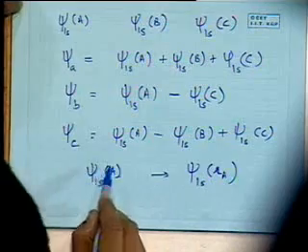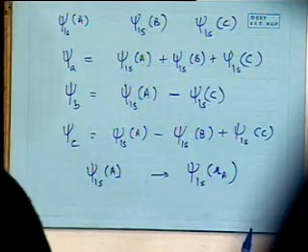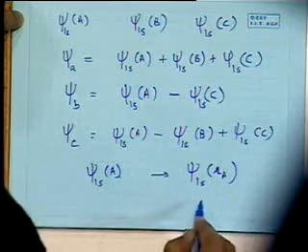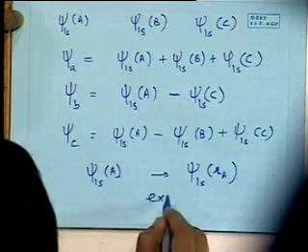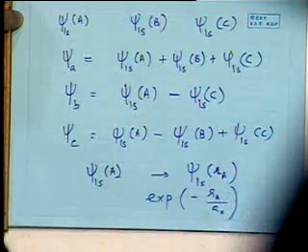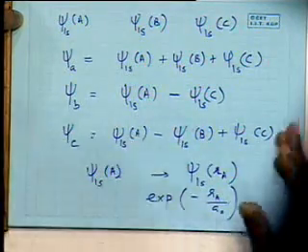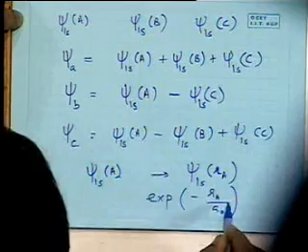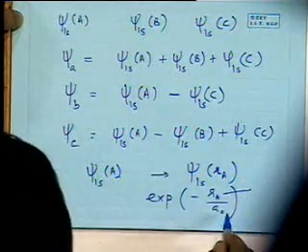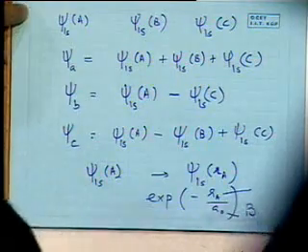That's what we mean when we use the symbol psi 1s A. And each of these atomic orbitals, which have the subscripts 1s, are really exponential. We saw this earlier. They are related to an exponential of minus Ra, which is the distance from the nucleus of A, over a0, which is the Bohr radius.